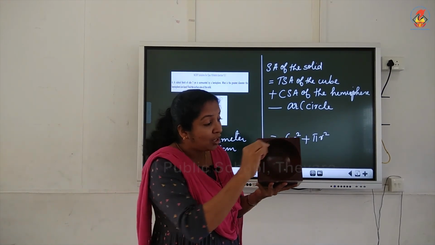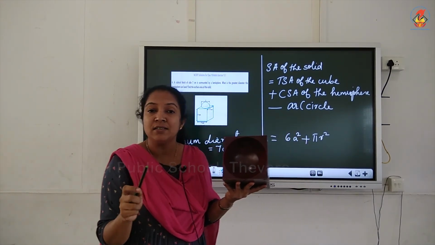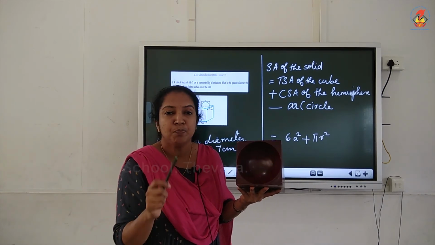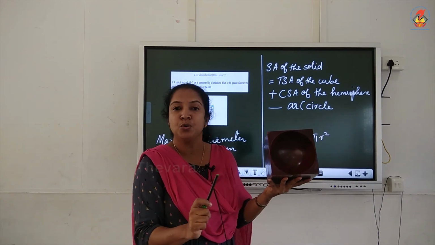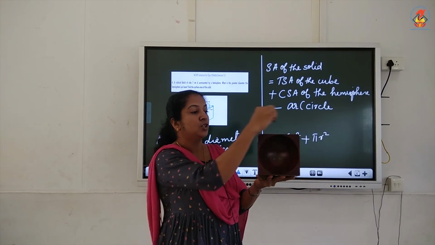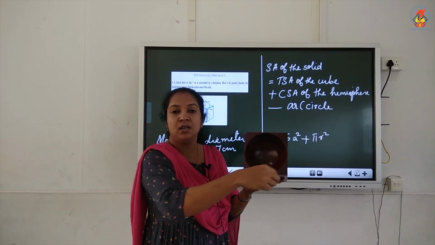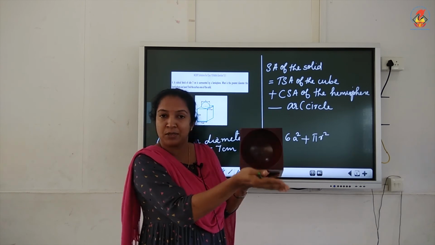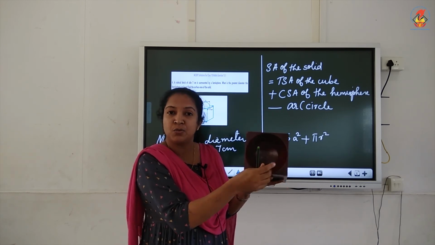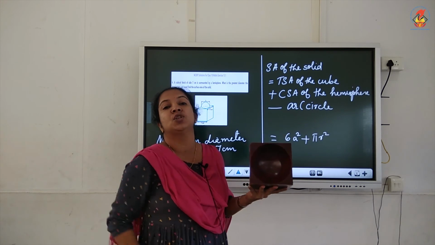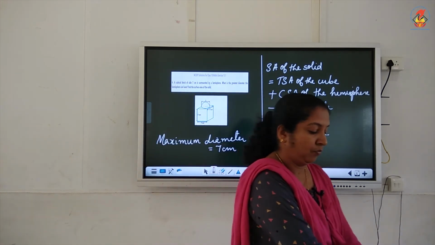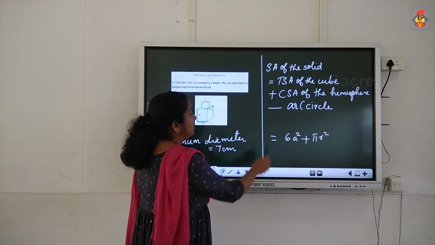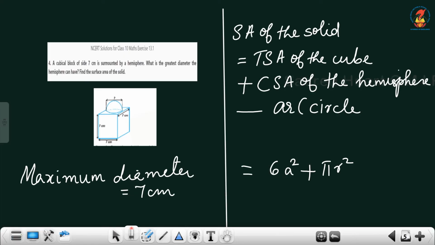What is the area of this? It is a circle, so the area is pi r square. So it is the TSA of the cube plus the CSA of the hemisphere minus the area of the circle.